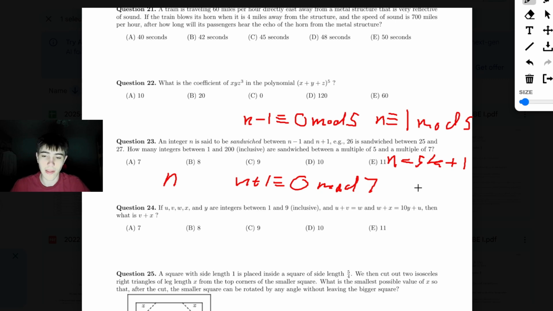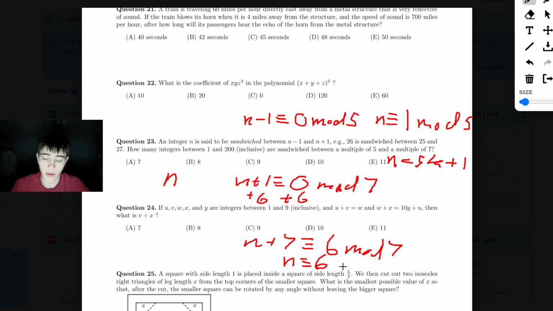Because anything that's a multiple of 7 mod 7 is 0, right? So if we add 6 to both sides, then we're going to get n plus 7 is congruent to 6 mod 7. And so that means this 7 right here is congruent to 0 mod 7. So that would leave just n being congruent to 6 mod 7, right?